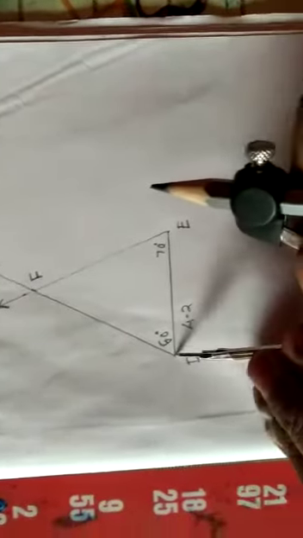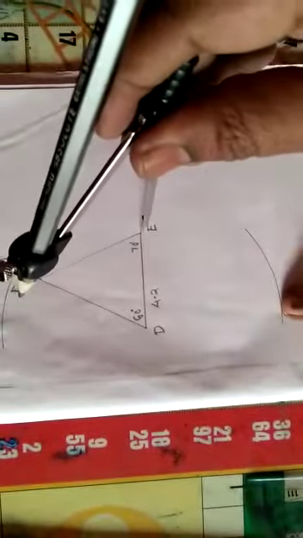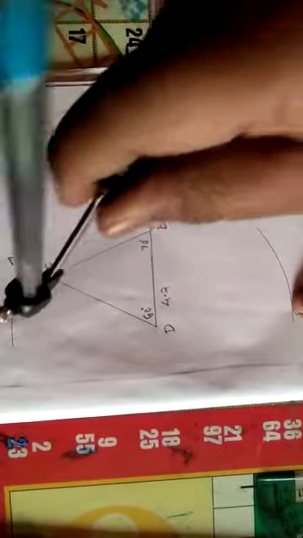Bisect any two sides. So I bisect side DE. Take arcs from point D above and below, and the same arc from point E above and below. Don't change the size of the divider, keep exactly the same size.